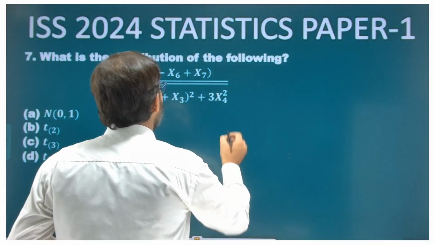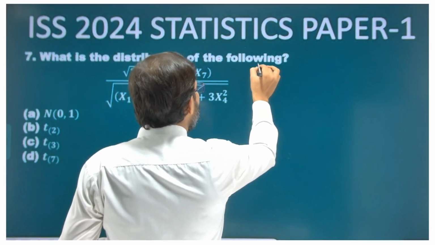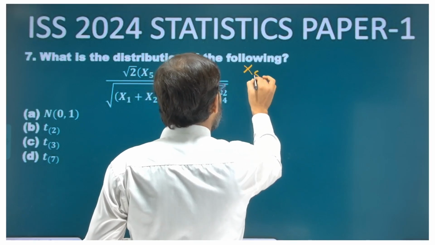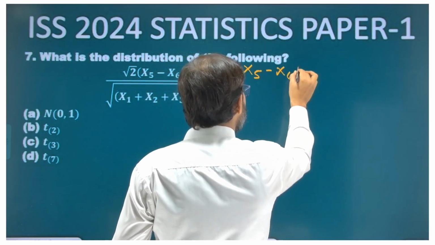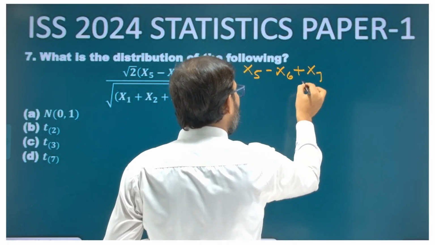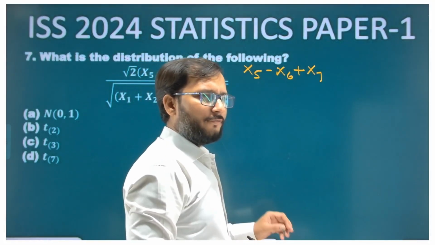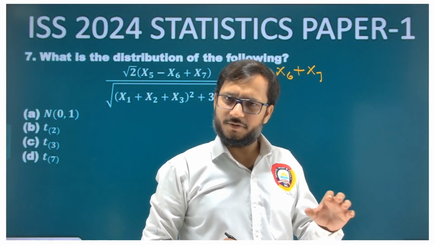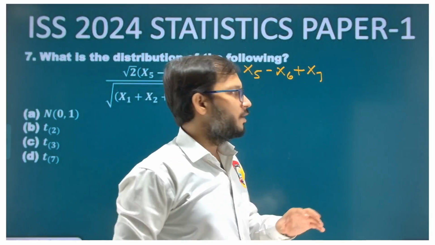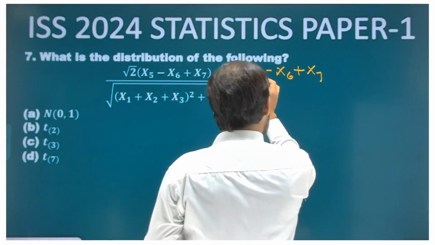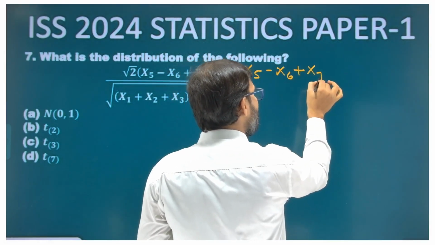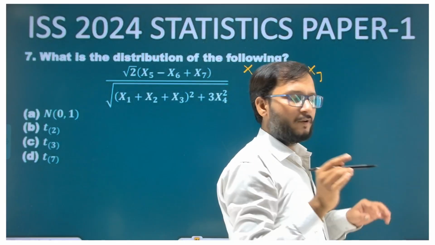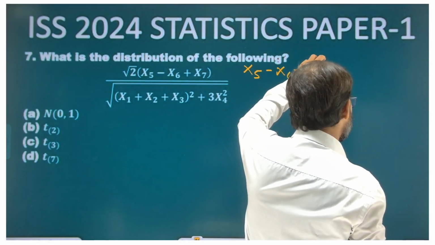Now see here, what is the distribution of x5 minus x6 plus x7? All of these are independent, all of these have mean 0 and variance 1. So if I take the expectation of x5 minus x6 plus x7, it will also be 0, because 0 plus 0 minus 0 is 0.